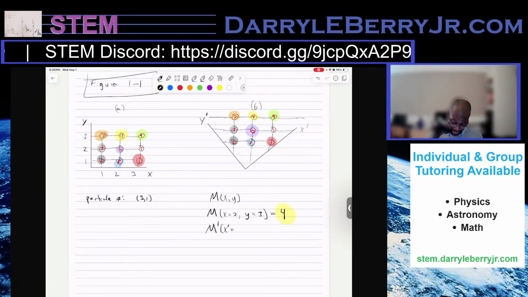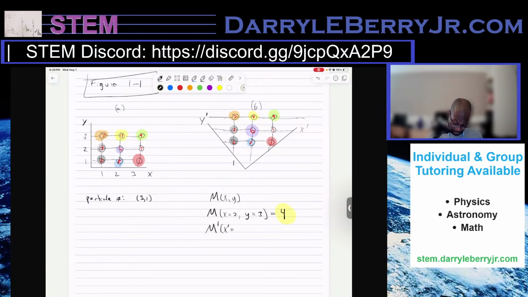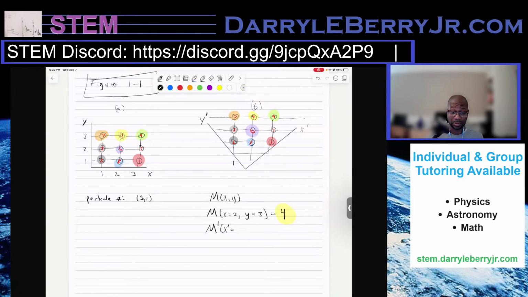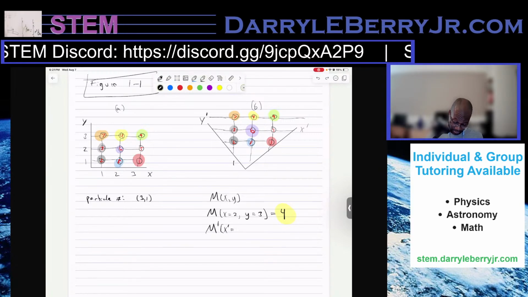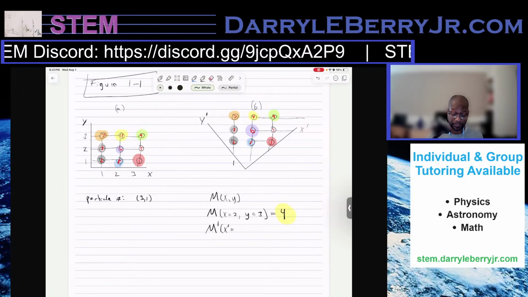So now we still have 1, so technically this will be 1. Well, actually, they wrote the numbers in a different way as well. At least the lines connecting them.